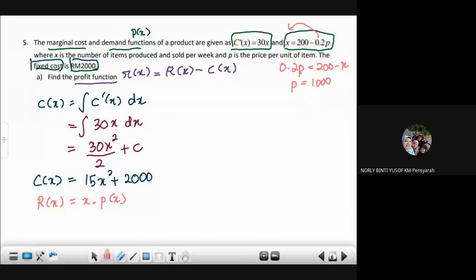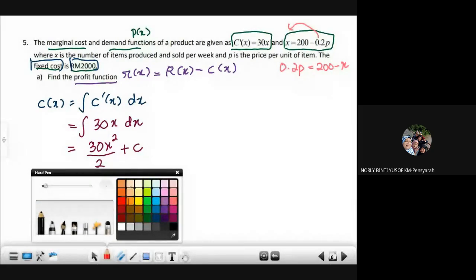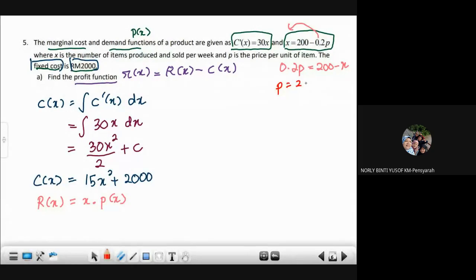Okay, x divided by 0.2 means 1 part. If you cannot see, do it like this. I want to do a shortcut, but if you cannot see then you do it separately. Directly 1.